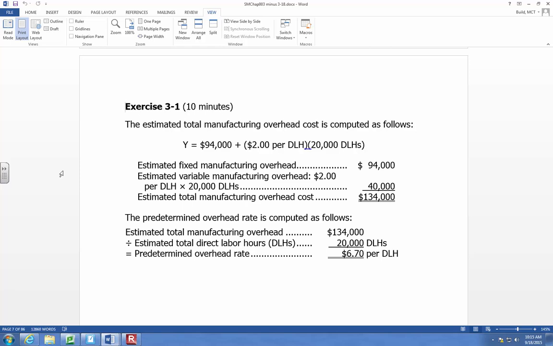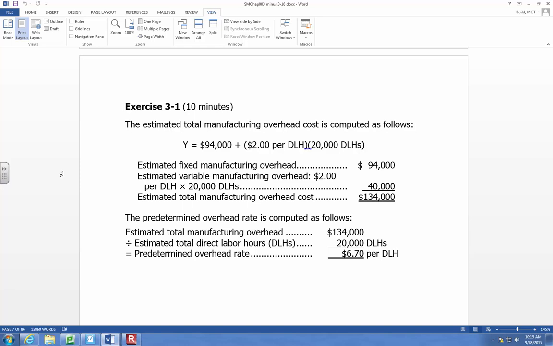Right? Gretchen, give me an example of fixed overhead. Absolutely, the rent on your warehouse, your factory. What's an example, Caleb, of variable overhead? Labor. That's not what kind of labor.